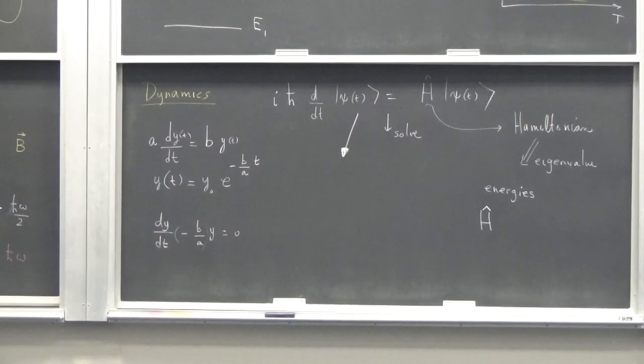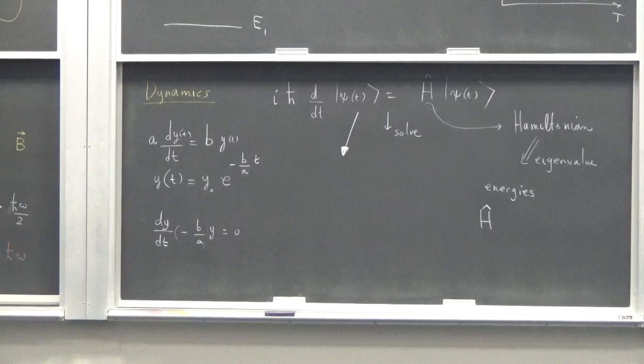You don't have to be fearful about putting a matrix or a Hamiltonian or an operator in the exponent. We've already seen that in the previous lecture. You put Pauli operators in the exponent, didn't we?